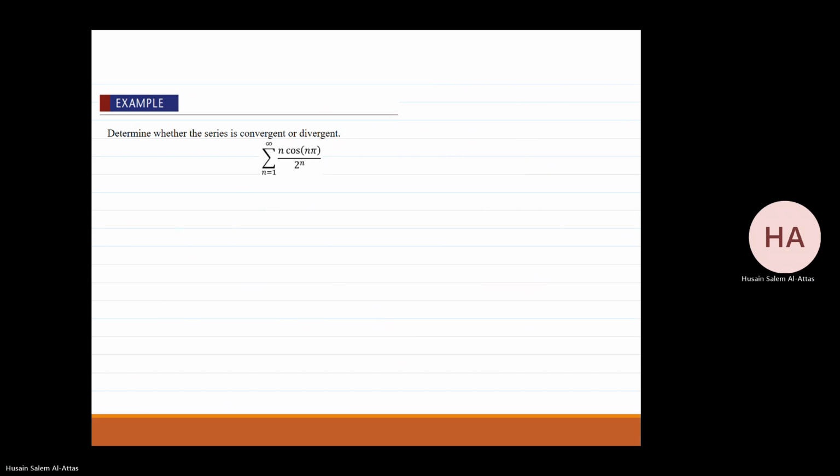Okay. You notice cosine n pi. This is the same as minus 1 to the power n. If n equal 1, we have cosine pi, which is minus 1. If n equal 2, that will be 1, which is minus 1 square.